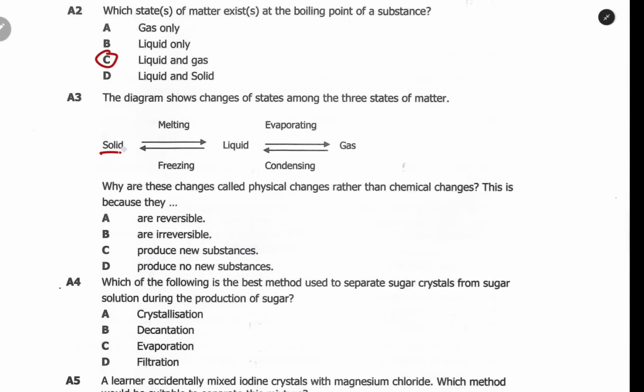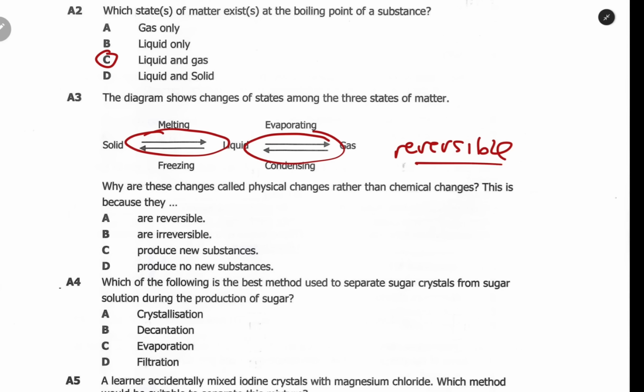From this diagram, what I can see are these arrows going forward and backward. This means reversible. So in other words, this is because they are reversible. Now, the other thing you need to know is that a physical change is a change in which no new substance is formed, but in a chemical change, a new substance is formed.